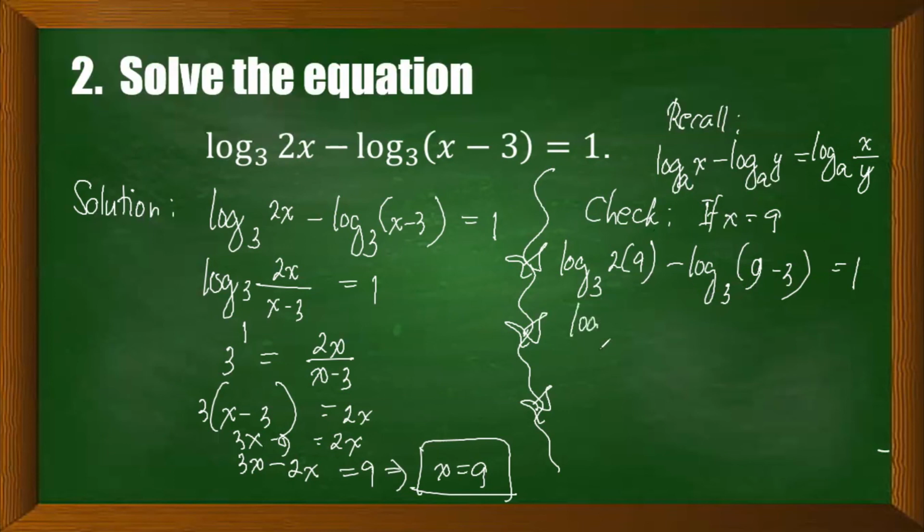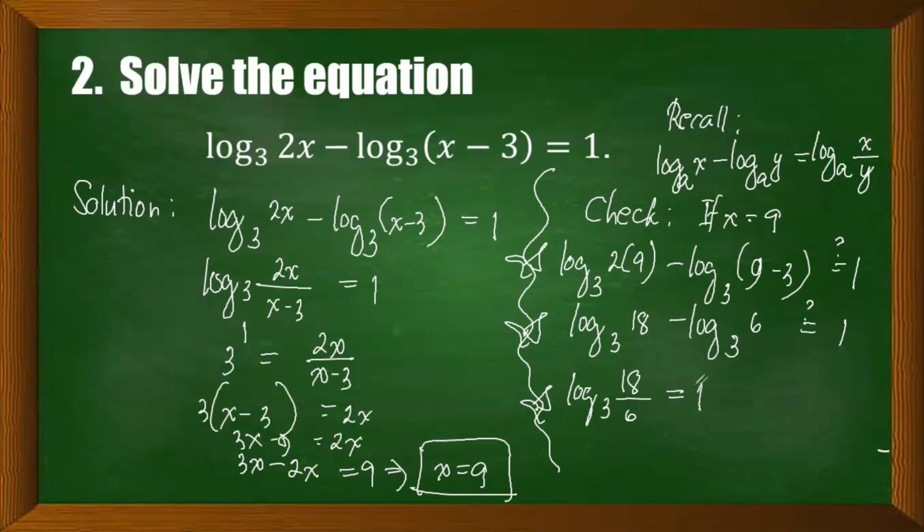So this is log of 18 to the base of 3 minus log of 6 to the base of 3. Okay, let us put a question mark first because we have not yet proven that the left hand side is equal to the right hand side. Okay, so applying the property or laws of logarithm, this is equal to the log of 18 divided by 6 to the base of 3 equal to 1.